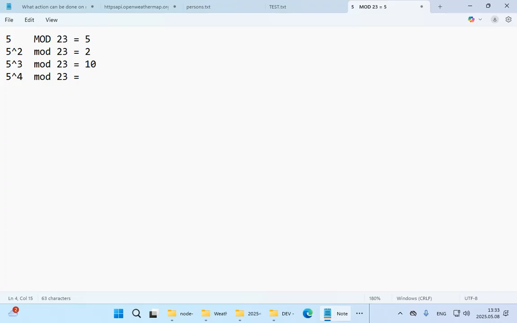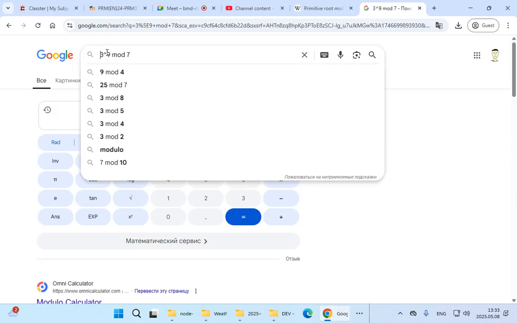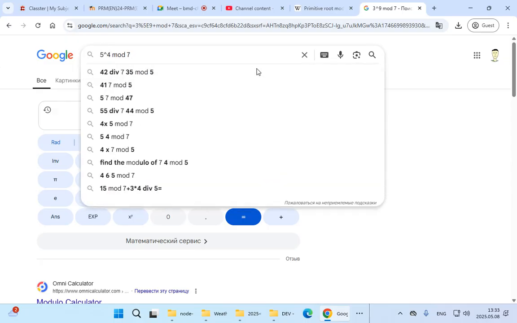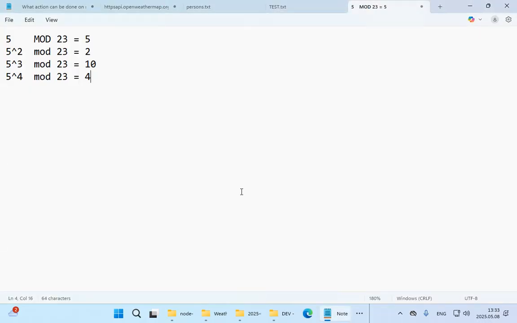Yes, it will be 4, because in 50 we can fit 23 twice. Let us just check. So 5 to the power of 4 mod 23 is 4.